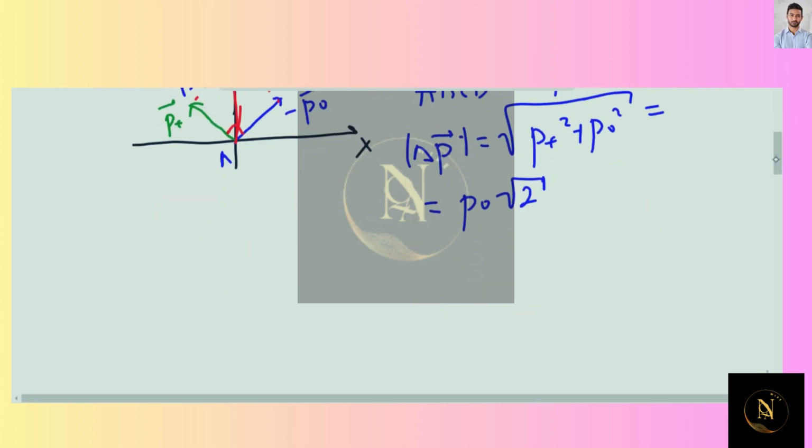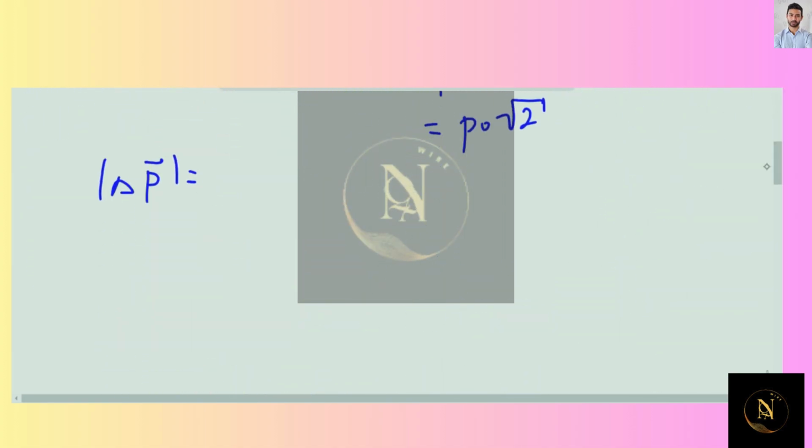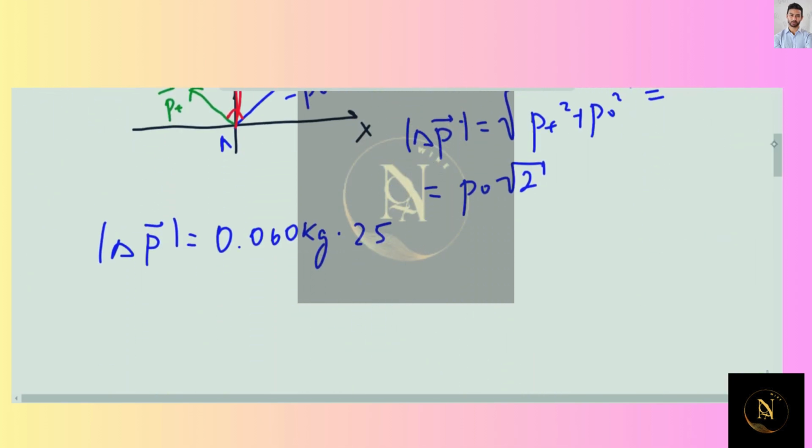Let's calculate this number. So delta P equals 0.060 kilograms multiplied by 25 meters per second, and multiplied by square root of 2.